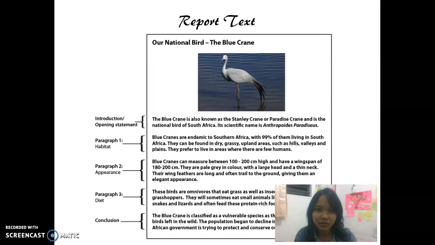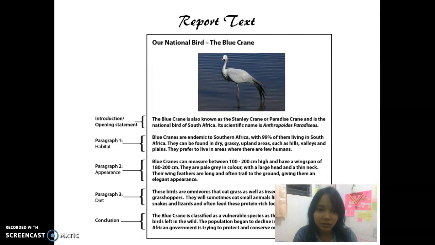This text talks about the blue crane in general, not a particular blue crane in a zoo, or one that people have in their house.